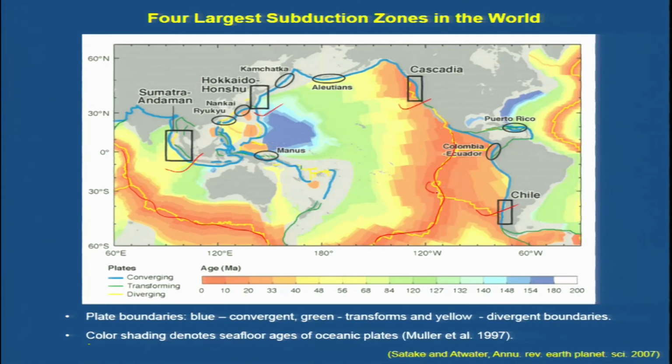That is why the material which is solidified here is of younger age, and the material away from this region is of older age. So, these green, yellow and red colors are showing the ages of the sea floor. Okay. Here you can see that the green part is representing the older sea floor, and as you move towards the mid oceanic ridge, in red, you will find younger material.